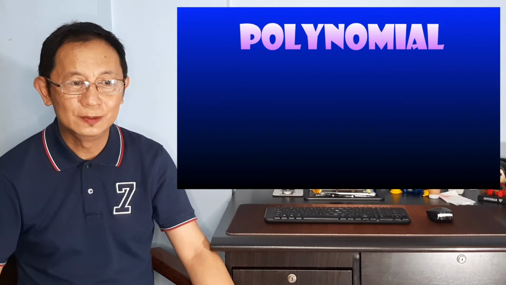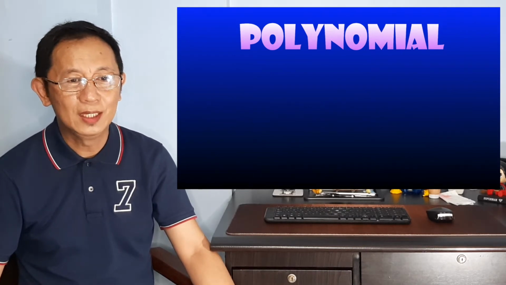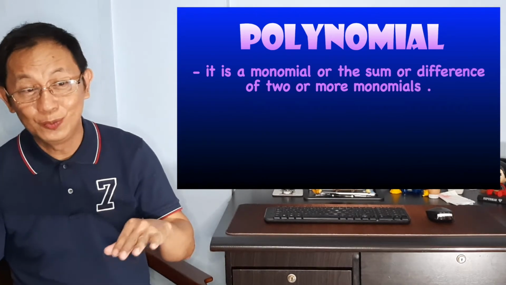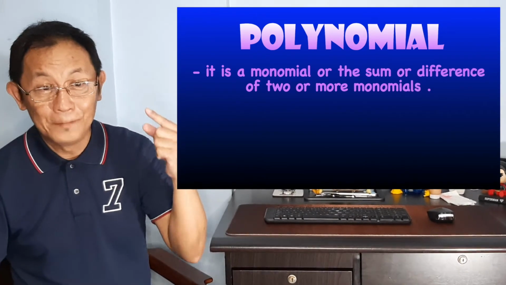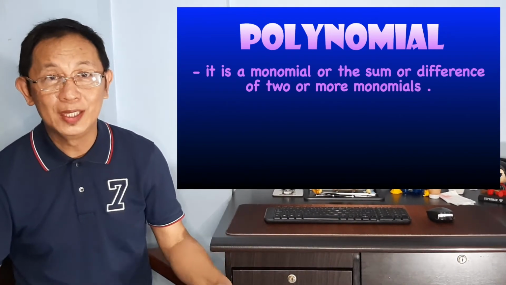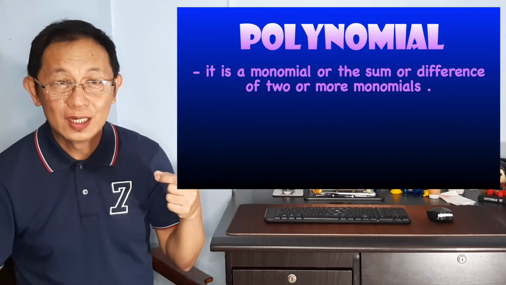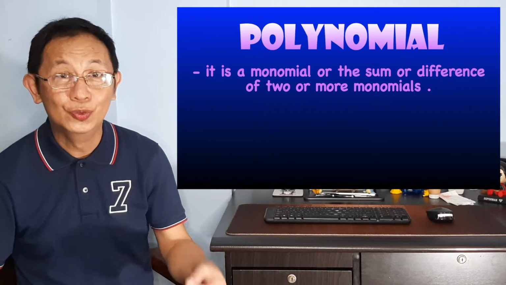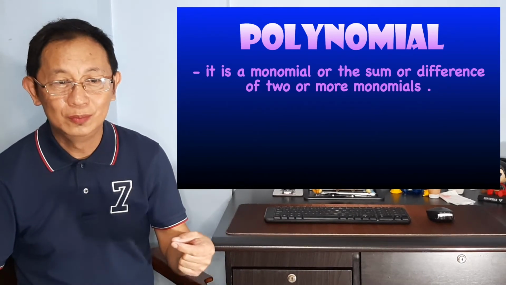Ano ba ang polynomial? What is a polynomial? Na-discuss na natin yung monomial kanina, di ba? A polynomial is a monomial or the sum or difference of two or more monomials.